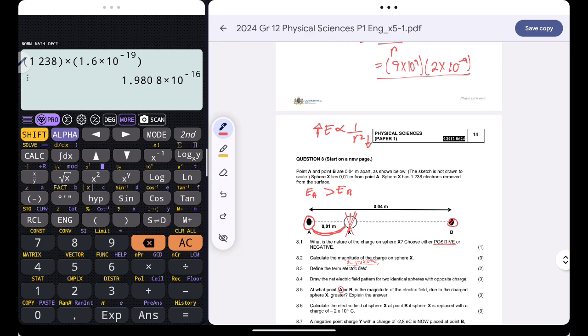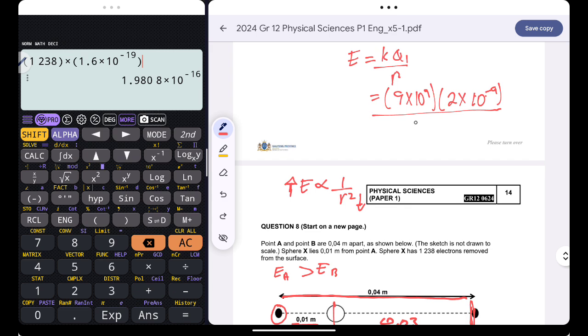Okay, the distance between the sphere X and B, this is the distance over here. Since this is 0.01, that means I must have 0.03 over there, because 0.03 plus 0.01 must give me this entire distance of 0.04. So my distance over there is just 0.03 all squared.